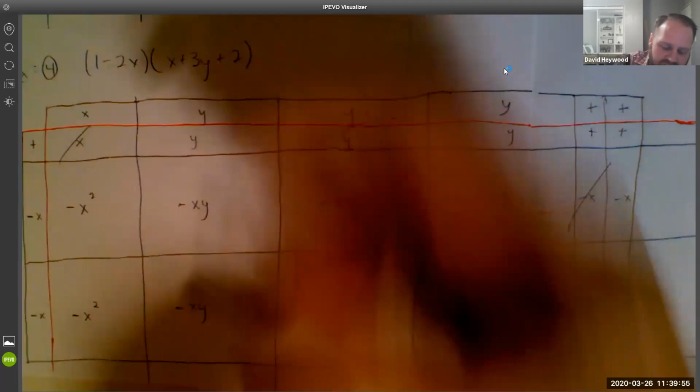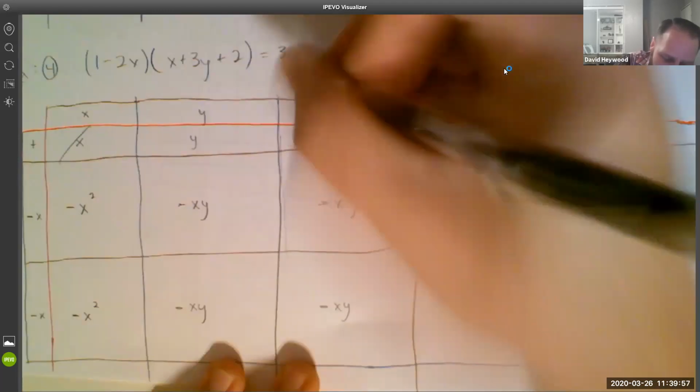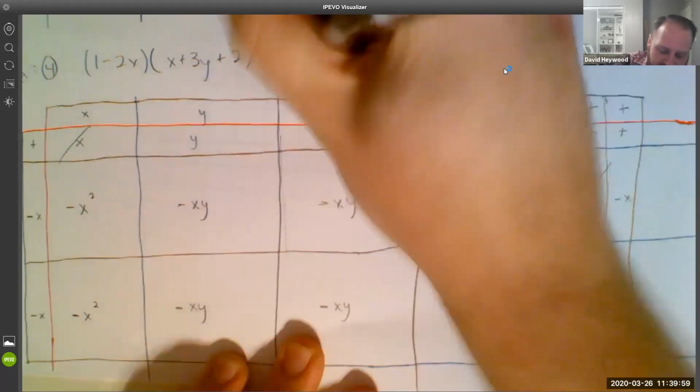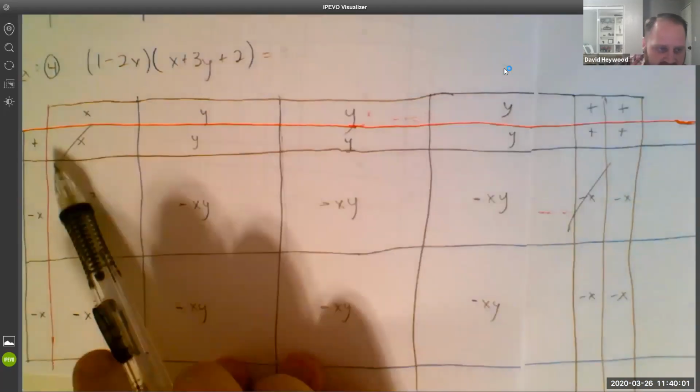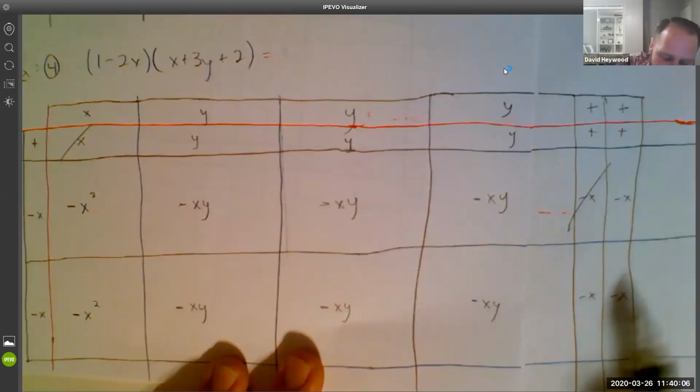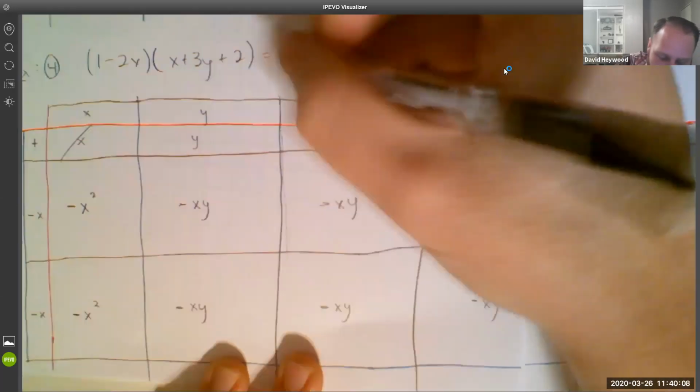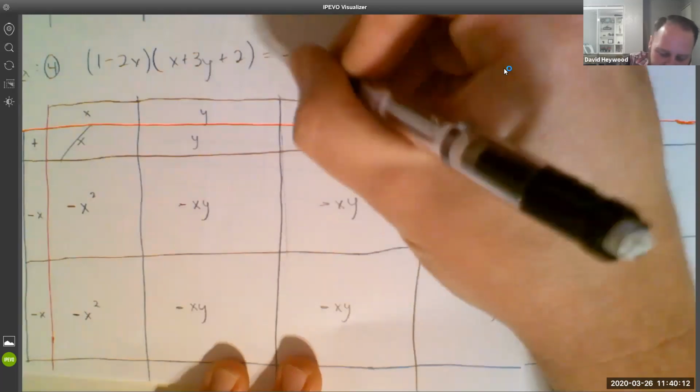Oh, I guess I should have counted my x's, right? I did cancel this positive x with this negative x, but I still have negative 3x left over. So I've got negative 3x. I've got 3y, they're positive.